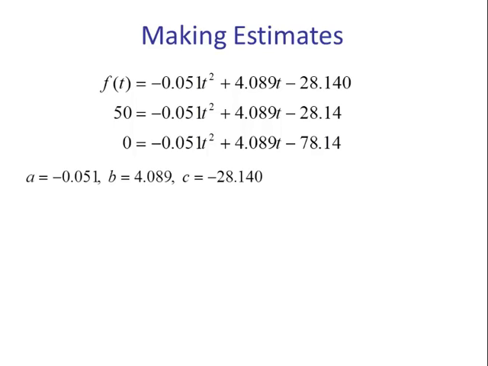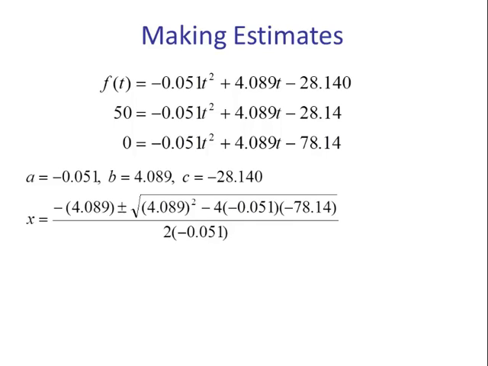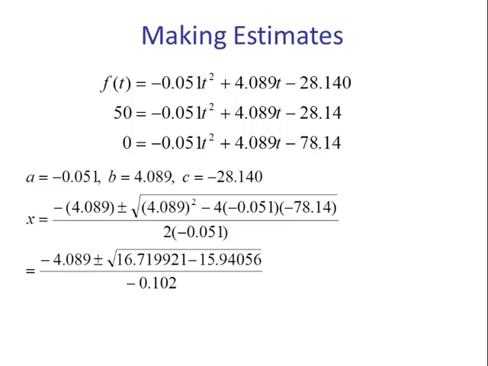a is equal to negative 0.051, b is 4.089, and c is negative 28.14. Plugging these values into the quadratic formula and computing what's inside the radical, we get negative 4.089 plus or minus the square root of 0.779361, all of that divided by negative 0.102.